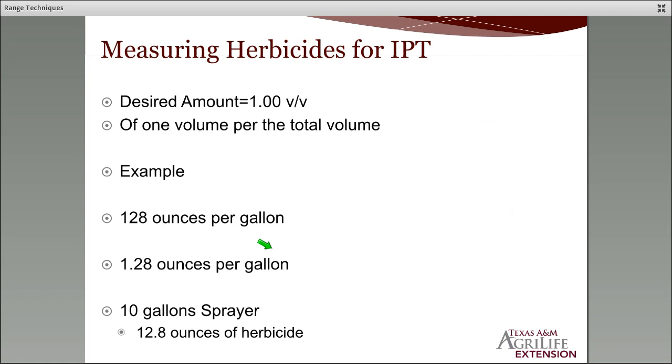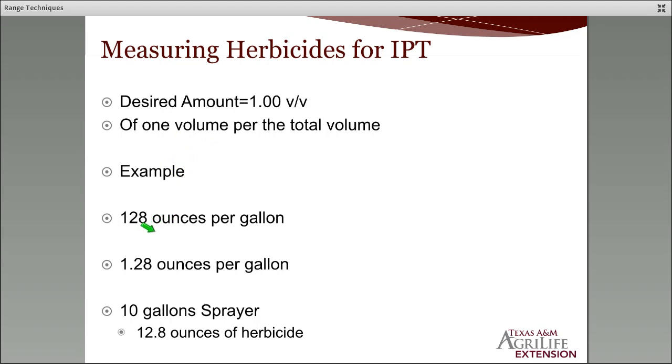Something we need to look at is measuring herbicides. Lots of times people get this confused. When we talk about IPT, that stands for individual plant treatment. Let's say the desired amount of herbicide is 1%, so 1% volume of the total volume. Let's take an example.